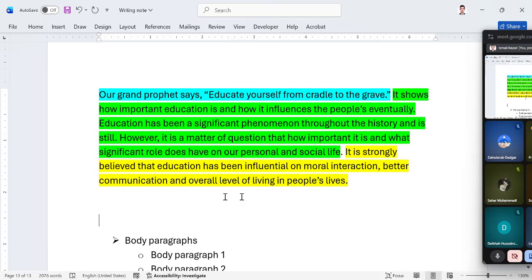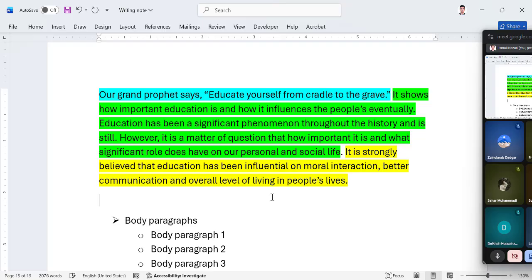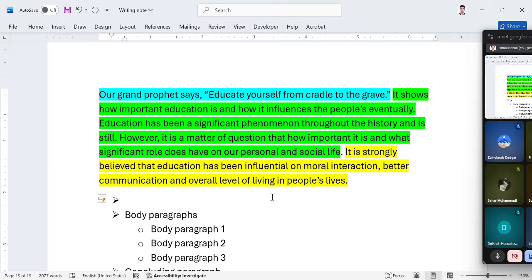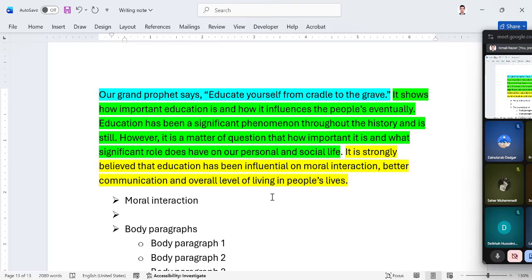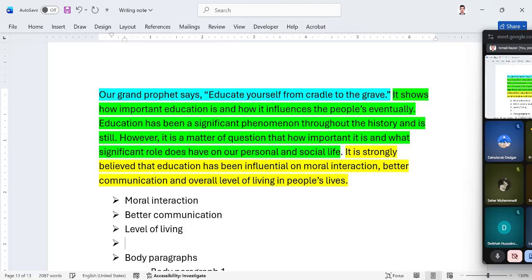Now, the rest of the essay should talk about body paragraphs. First part, we have to write about how it was influential on moral interactions, how it is effective in better communication, and how it is influential on the level of living people's life.